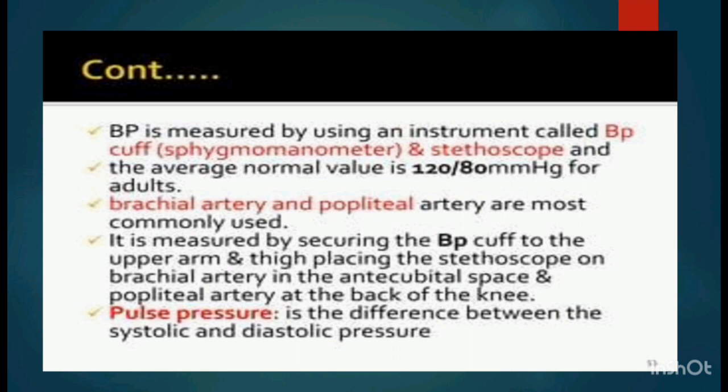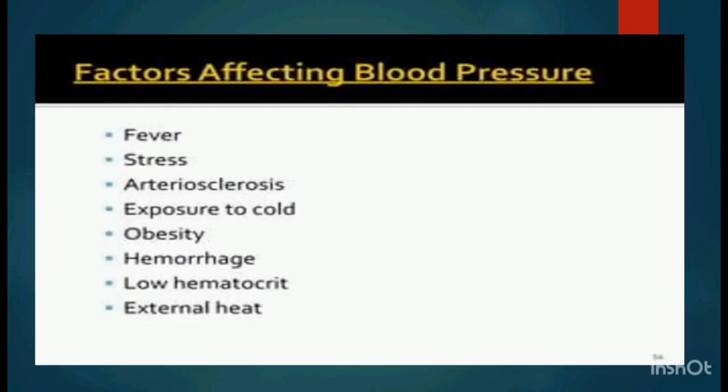It is measured by securing the BP cuff to the upper arm or thigh, placing the stethoscope on the brachial artery in the antecubital space or the popliteal artery at the back of the knee. Pulse pressure is the difference between the systolic and diastolic pressure.